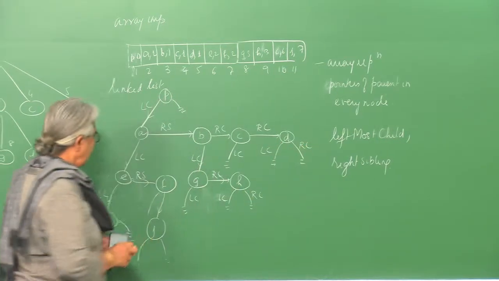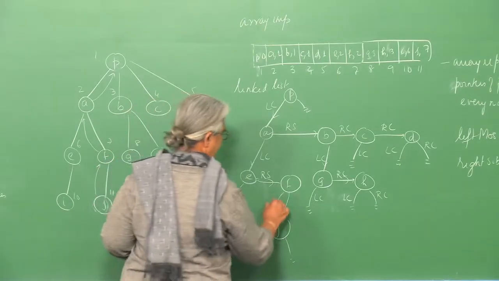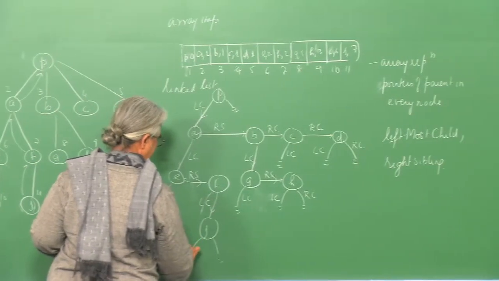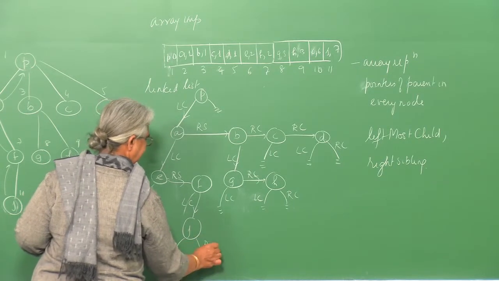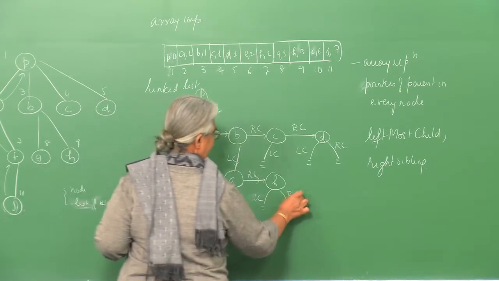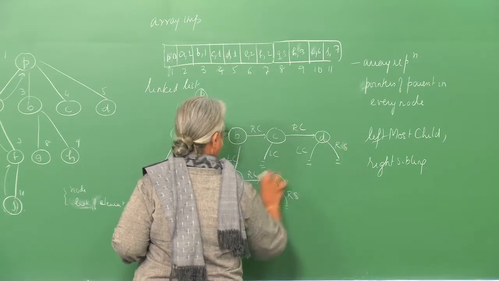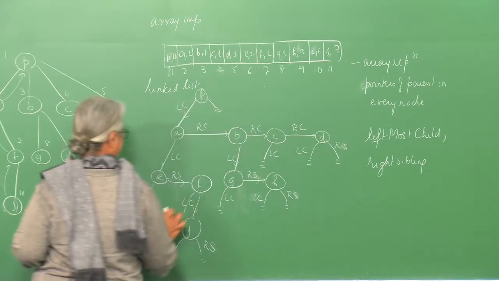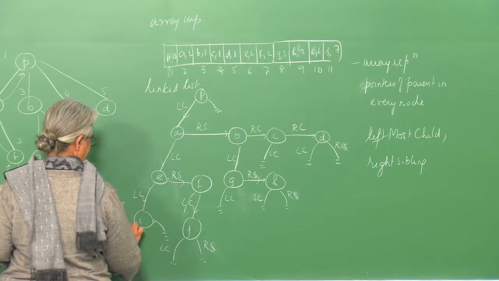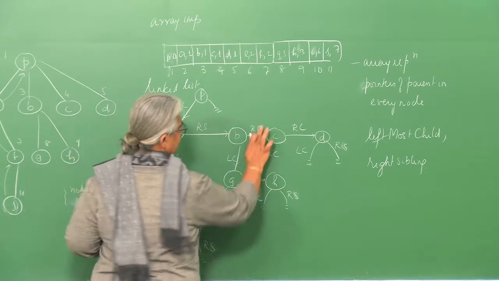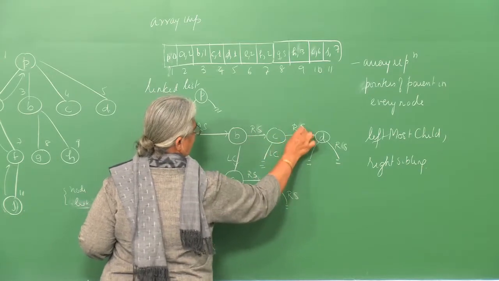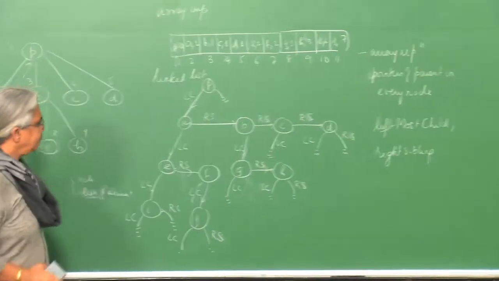So, what have I done now? In all the arrows, I have put the label which corresponds to the pointer, that of the leftmost child and right sibling, RS. This is leftmost child and right sibling. So, we make these pointers like this.